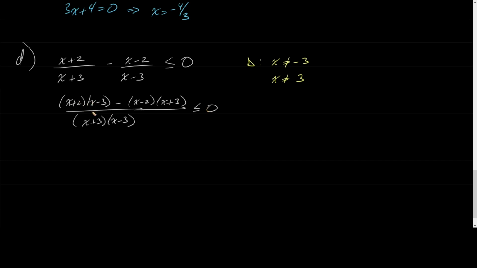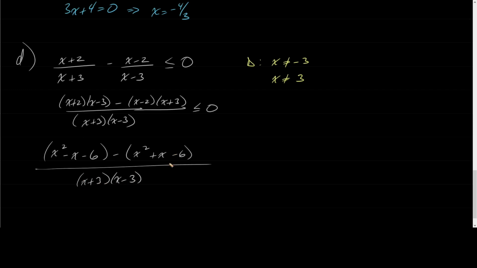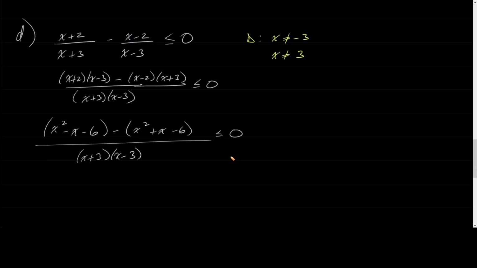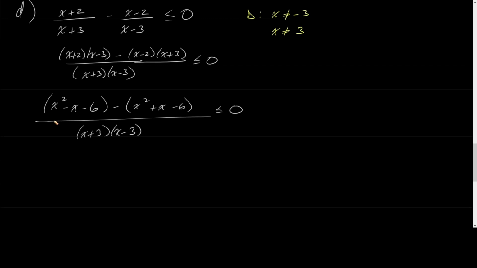Let's expand the numerator. So we have x squared minus x minus 6 minus x squared plus x minus 6, right? All of this over x plus 3 times x minus 3 is less than or equal to 0. At that point, x squared minus x squared goes away.